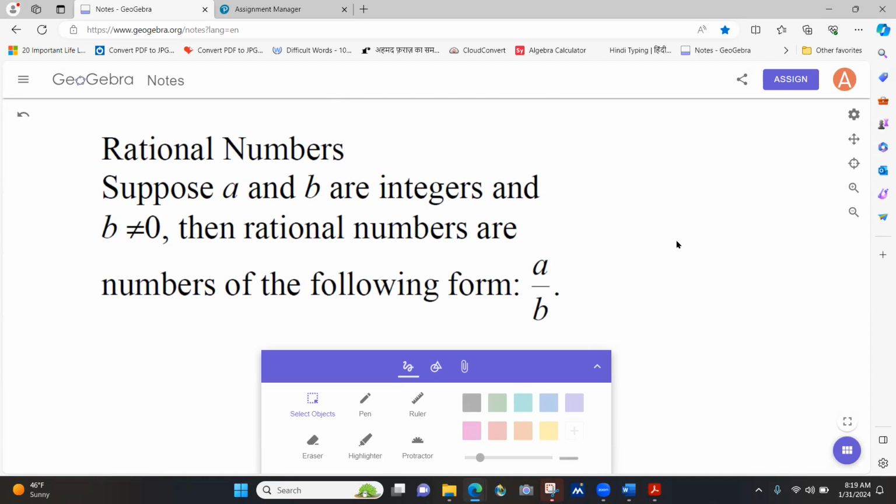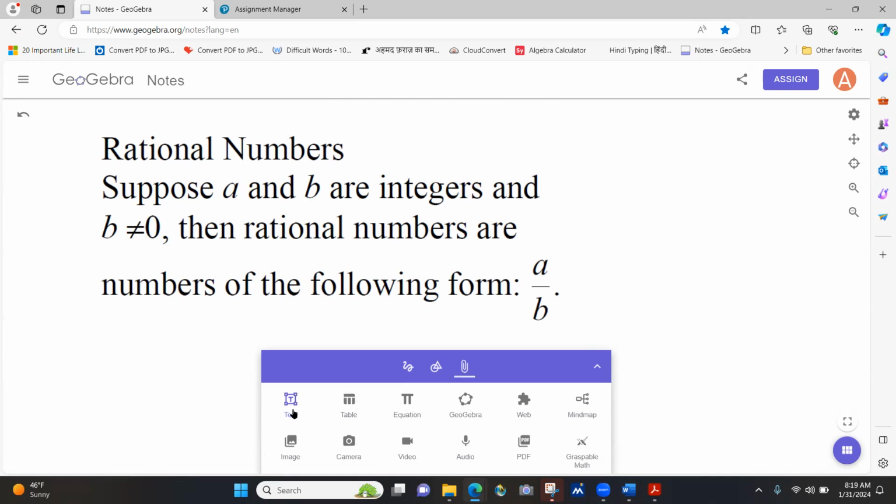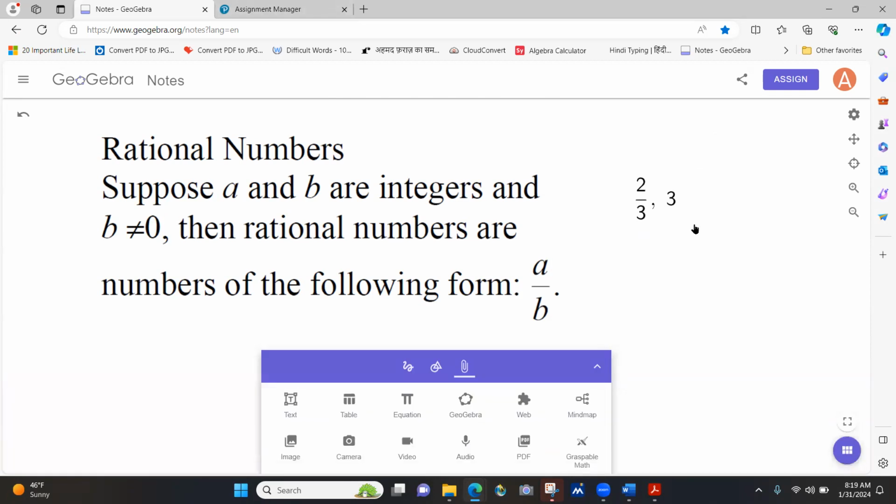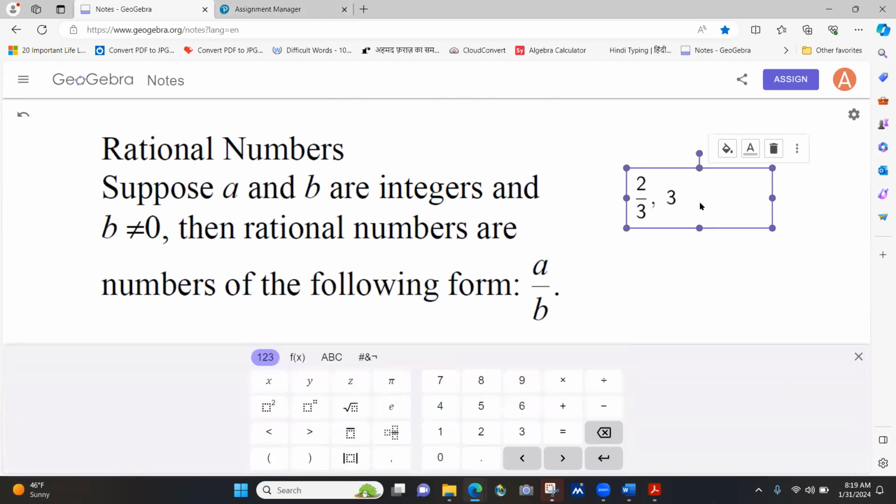So examples of rational numbers are 2/3, 3. It's a rational number because the denominator is 1 in this case. And this is a rational number.